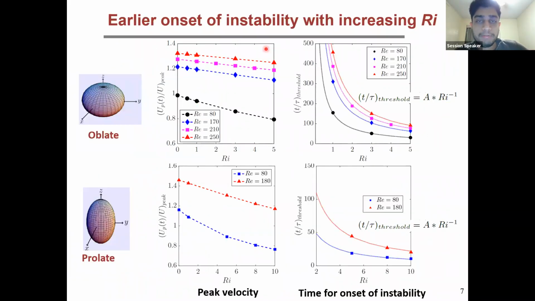To quantify the effects of stratification on the velocity, we plot the peak velocity for both oblate and prolate spheroid, and what we observe is the peak velocity decreases as we increase the stratification. This is expected because with increasing stratification, the isopycnals offer more resistance to their deformation, and as a result, the spheroids experience more drag, which leads to a reduction in the peak velocity.